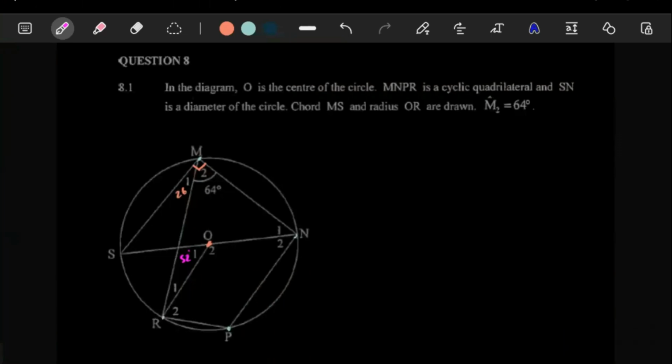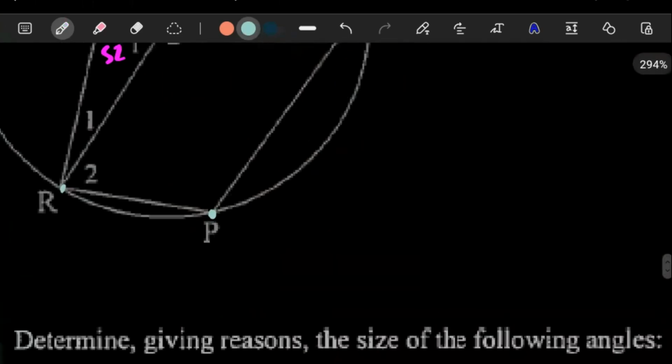And because of the work that you should know, if M2 is equal to 64, we automatically have P, because opposite angles of a cyclic quadrilateral are supplementary. So if the one side is 64, the other side has to be 180 minus 64. That's 116. So it's 116 here.